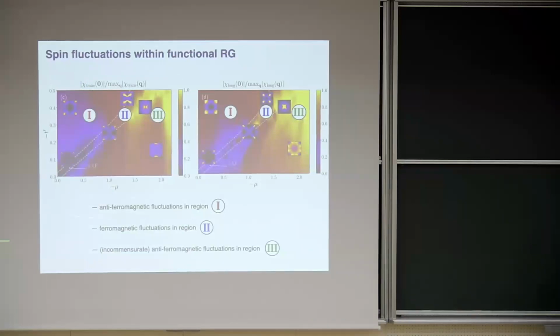They usually arise because of nesting features in the Fermi surface. In region 2, we have ferromagnetic fluctuations, and also in region 3, we have, at least for large t', ferromagnetic fluctuations, whereas for smaller t', we have more antiferromagnetic fluctuations coming from the nesting of the Fermi surfaces, right? So this yellow here indicates this region of ferromagnetic fluctuations.